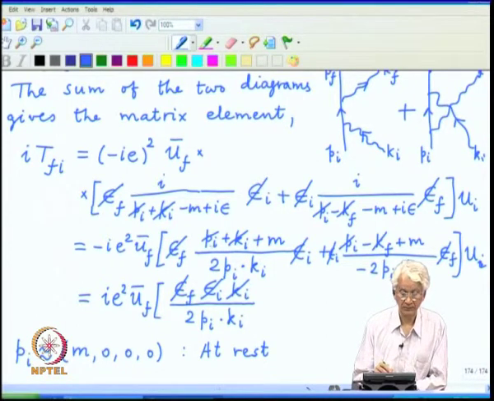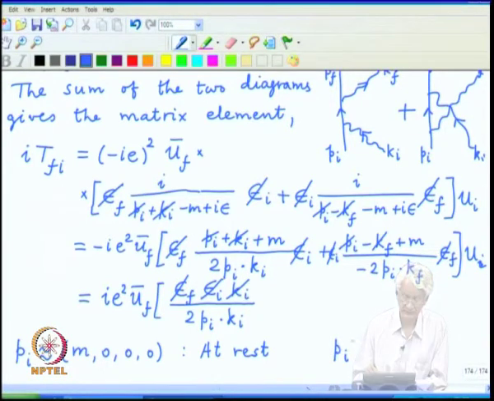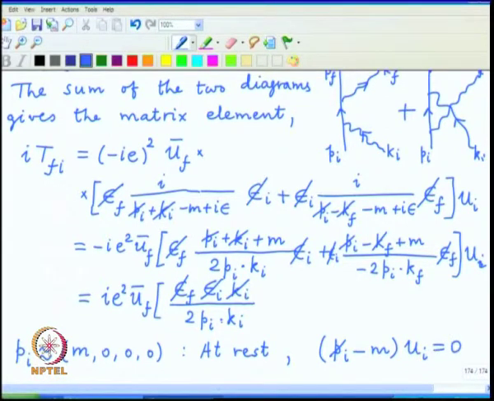So, it will be now minus p slash plus m, and that whole object will act on the u I. So, we have also this relation that p I slash minus m acting on u I is equal to 0.